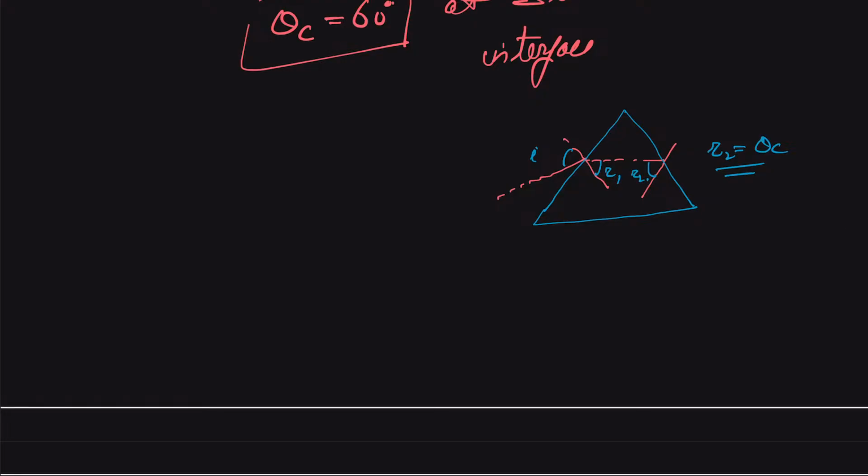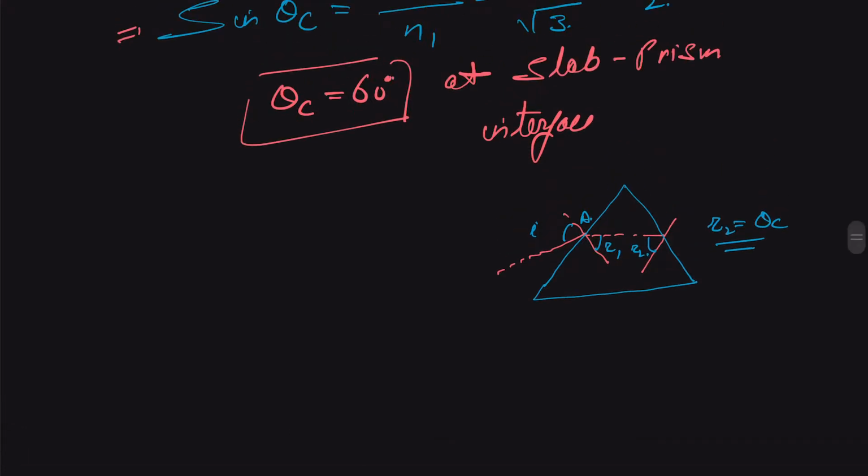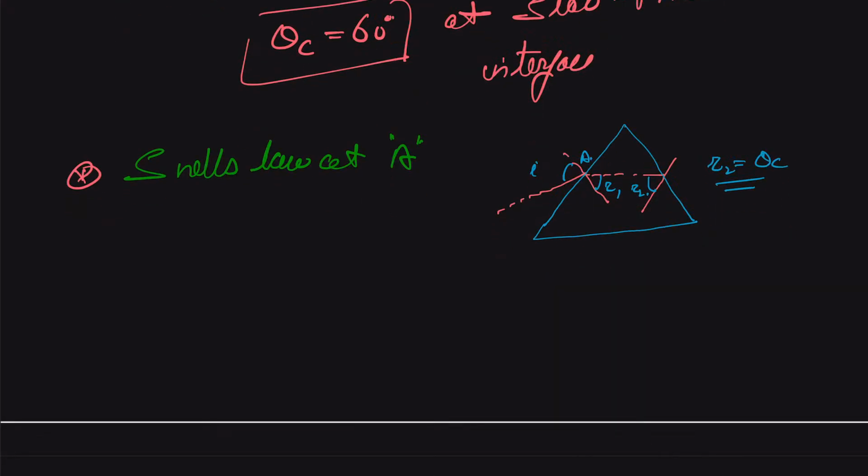Let us call this point A. If we use Snell's law at point A, we can say that sine of incidence upon sine of refraction, which is R1, will be equal to square root of 3, and air has a refractive index of 1, so this comes as square root of 3 upon 1.